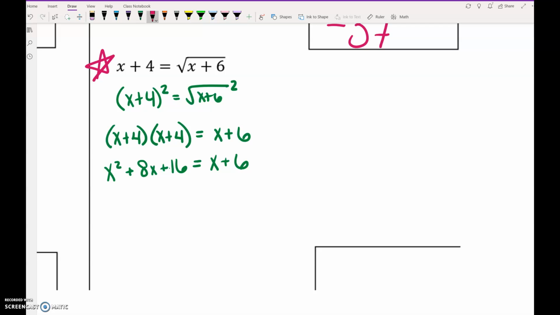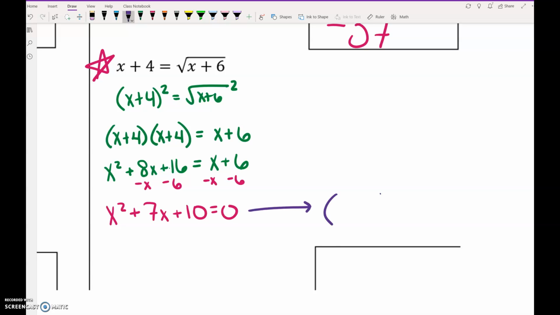Now what do I need to do? We need to get it equal to 0. So we subtract x, subtract 6. We have x squared plus 7x plus 10 equals 0. We want this to become 2 sets of parentheses equals 0.